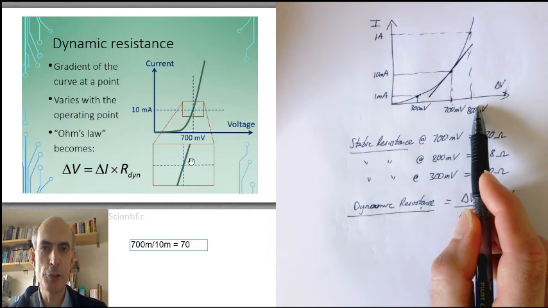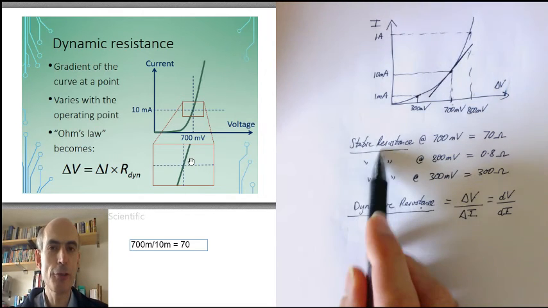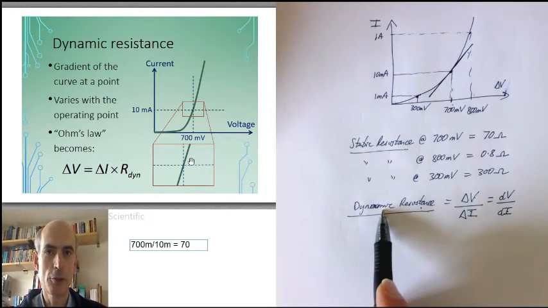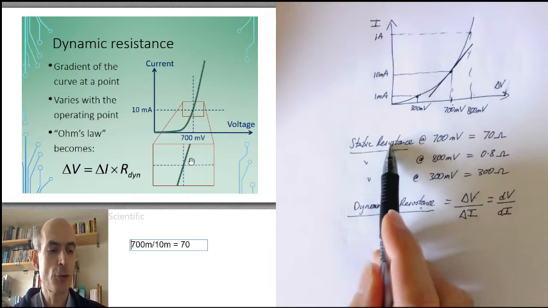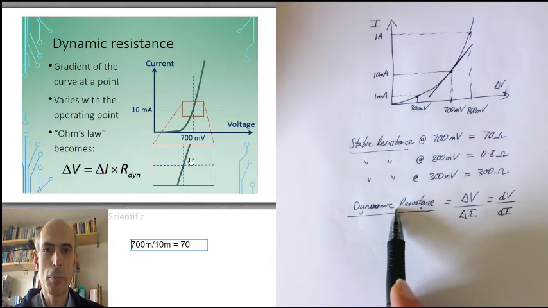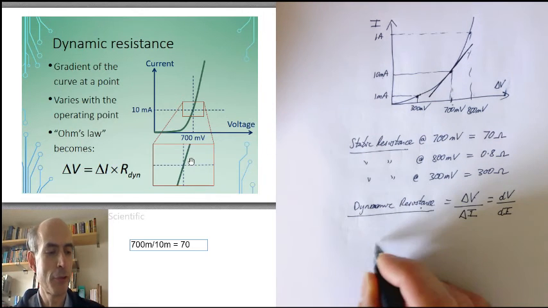Or at least that's true for any nonlinear component. You can prove that if the static resistance is equal to the dynamic resistance, then you have a resistor. Because for a resistor, these two quantities are equal, and they're just equal to the resistance of the resistor. It's quite a neat little proof if you're interested.